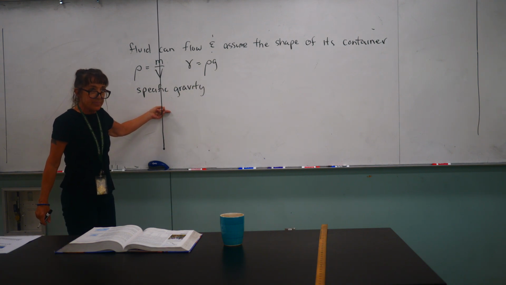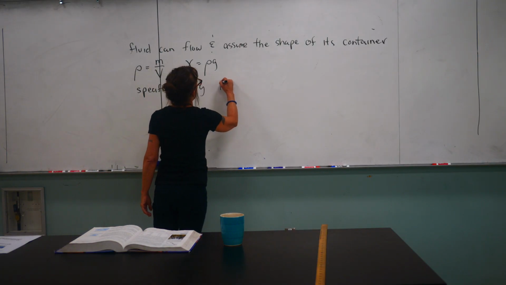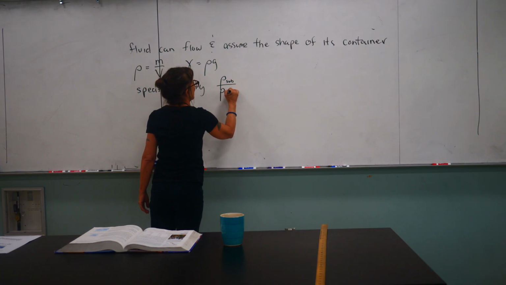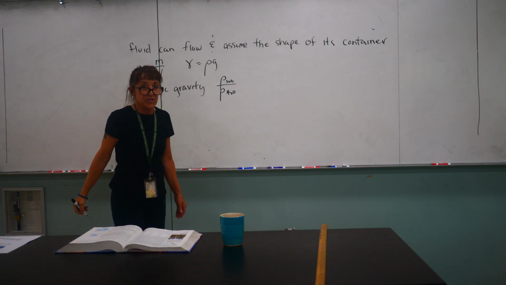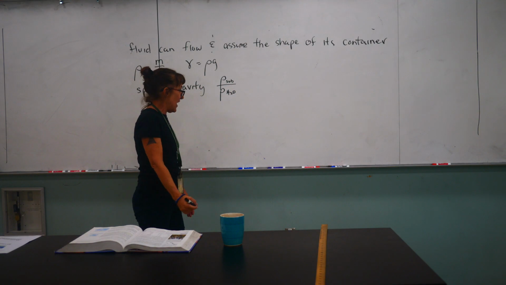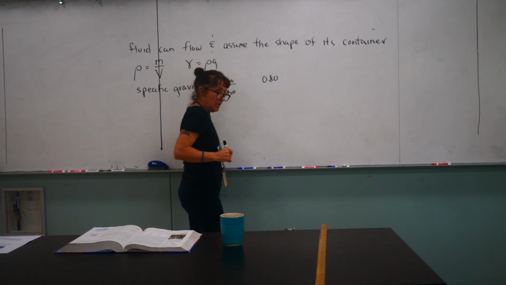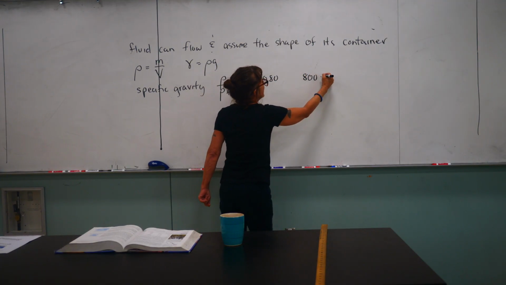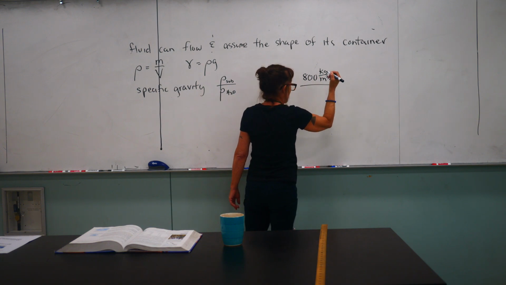A substance's specific gravity is just the ratio of the density of the substance to the density of water. So something with a specific gravity of 0.80 would have a density of 800 kilograms per meter cubed, and water is what?